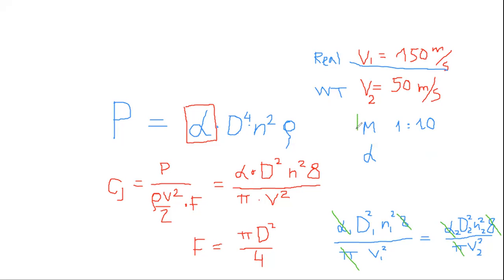Second, from the scale we know that diameter 2 is equal to one tenth of diameter 1. And speed, look at these numbers, 50 and 150. Speed 2 equals 1 divided by 3 of speed 1. So just put this in our formula.